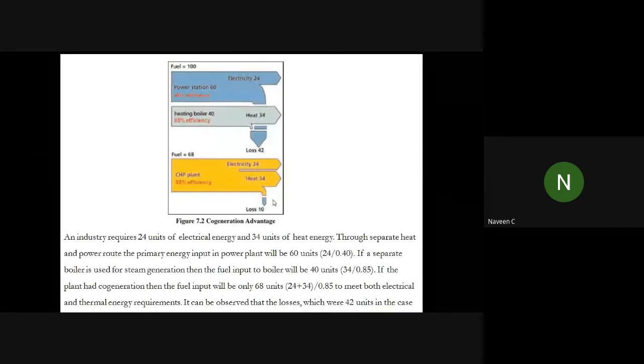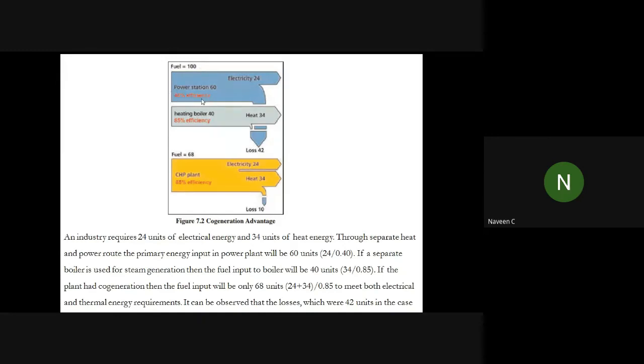You can see there are two comparisons they are doing, to understand the need for combined heat and power. So they are taking two cases. In the first case, they are giving 100% fuel, or you take 100 calories or 100 joules of fuel or anything.